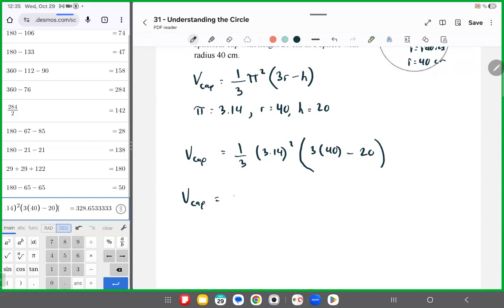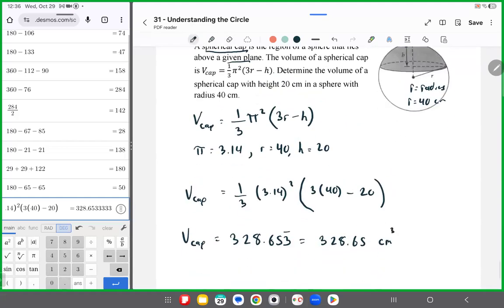So this volume is going to be equal to 328.653 repeating, which we'll call 328.65. And since we're talking about volume, we have to write this as centimeters cubed. I was going to write units cubed, but then I saw they actually gave us the height in centimeters.